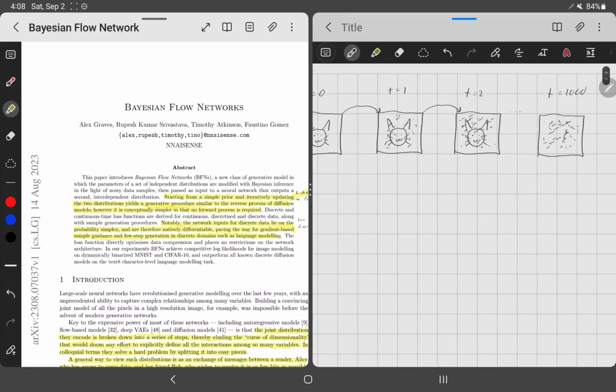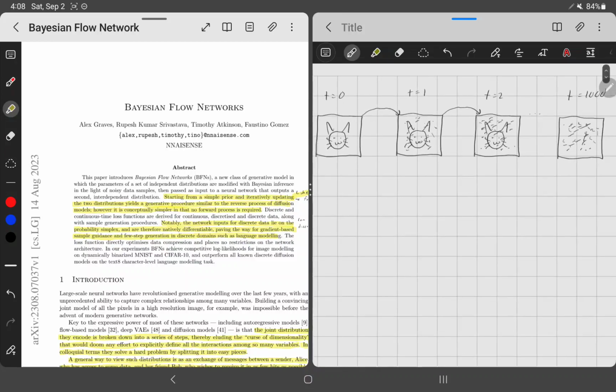But then what you do is you train a model to reverse this noise. So it takes in this image with 100% noise in it, and it'll reverse it to the previous time step. I guess it's better to show it here, but it basically takes in any image at any time step, and it predicts the noise in that image.